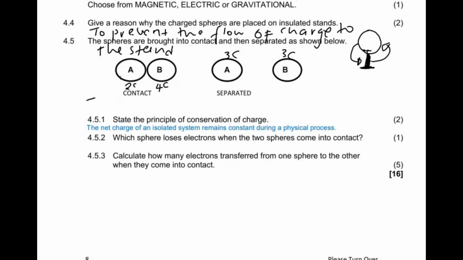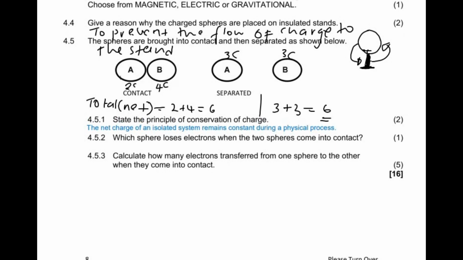Realize that the total charge, or the net charge, so when we talk about total, we talk about net. So before touching, it was 2 plus 4, which is 6. After touching, it is 3 plus 3, which is still 6.